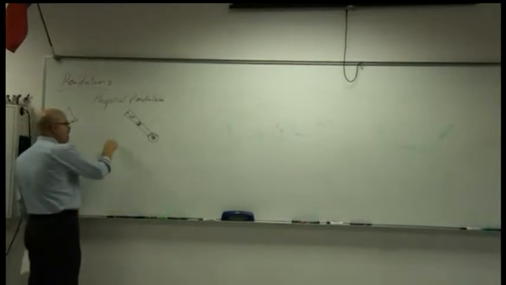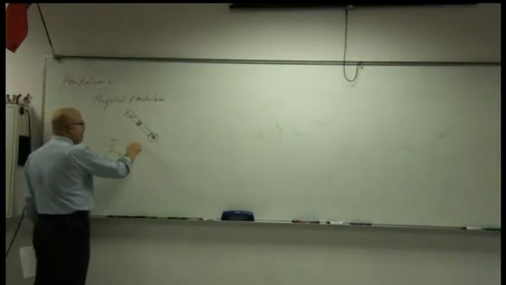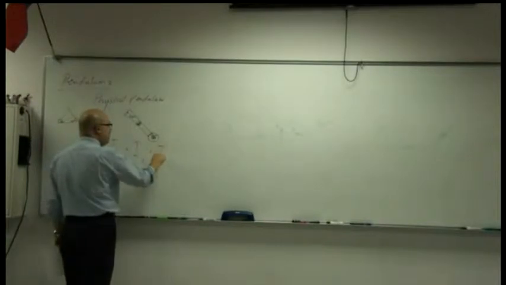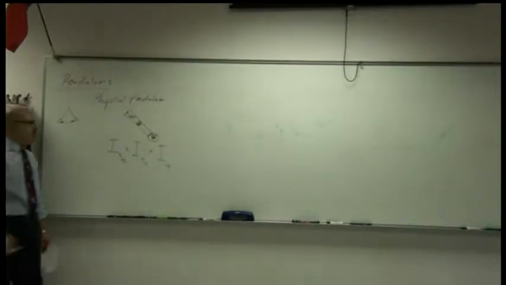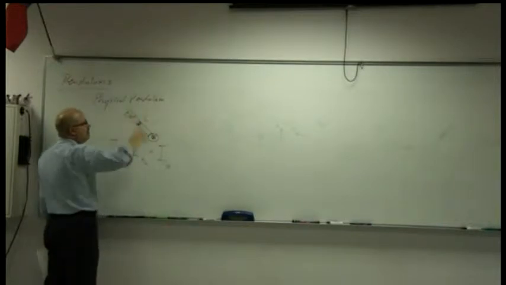All right, so our moment of inertia for the entire thing equals the moment of inertia of this thing plus the moment of inertia of this thing. Okay, so what's the moment of inertia of this bar? Let's have it at a length of L.